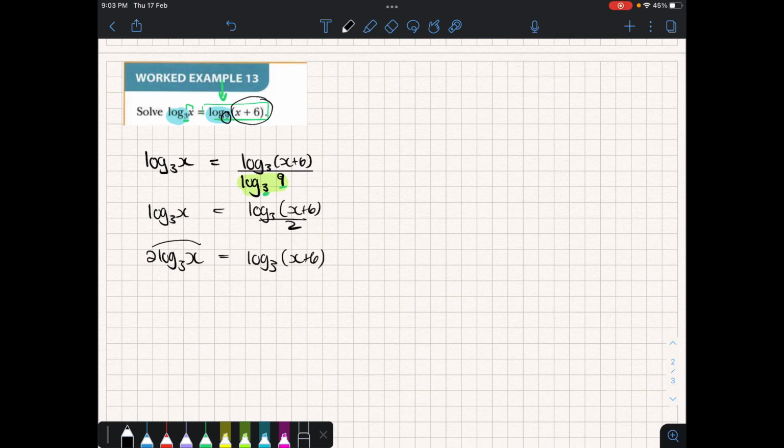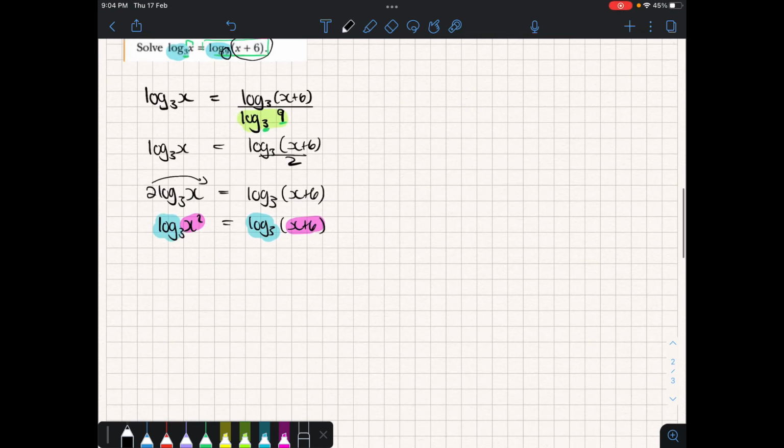Reversing the power rule, I can bring that number back to the exponent. And now I have logs on both sides with the same base, which means I can equate the values. Just like we equate exponents, we can equate values if we have the same base. So x squared must be equal to x plus 6.